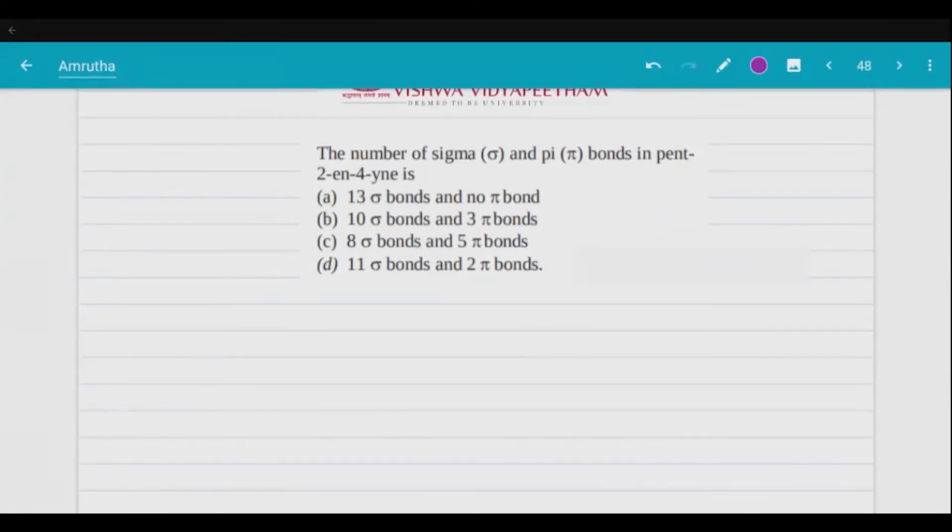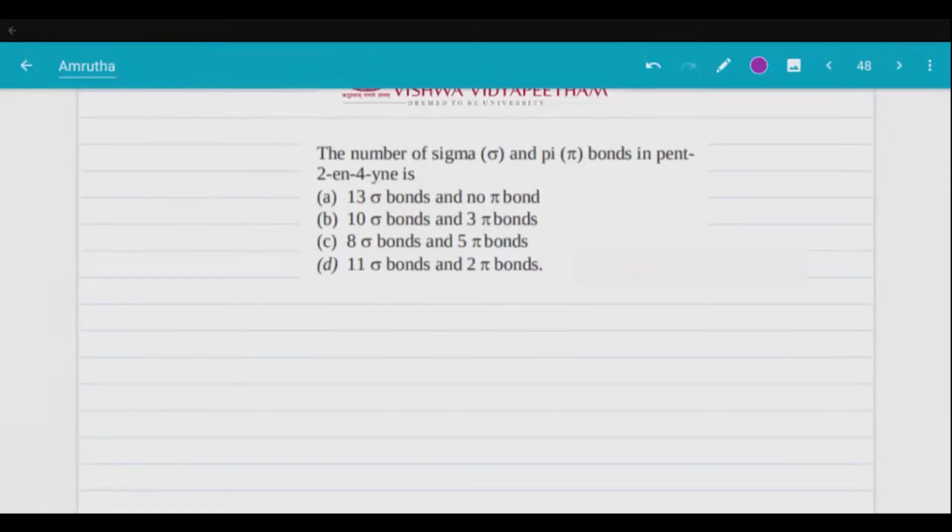Just try this. Is it done? What is the correct answer?